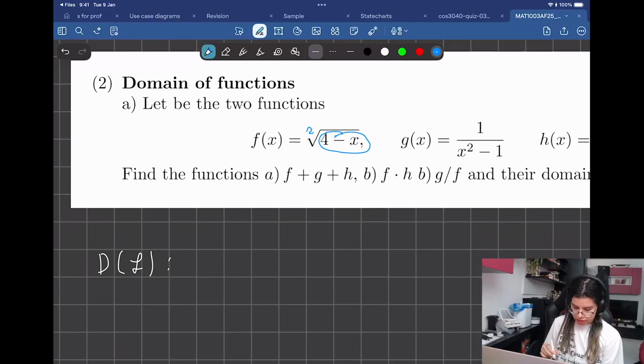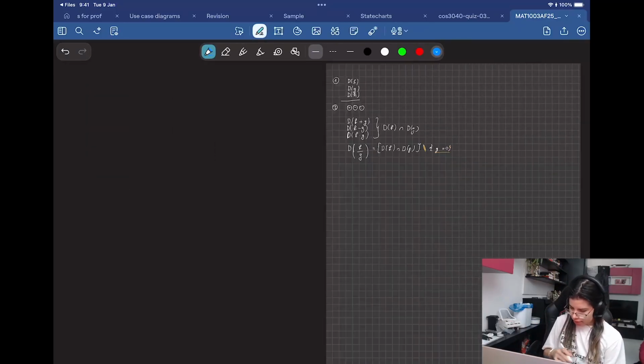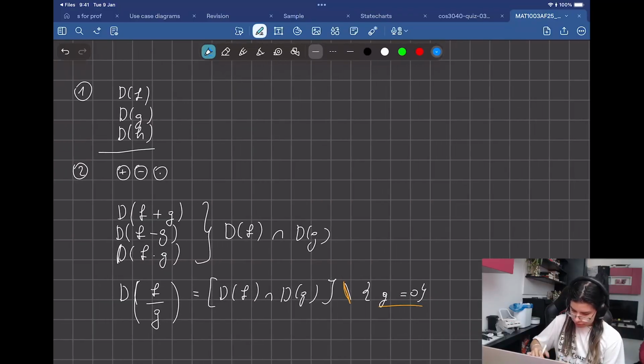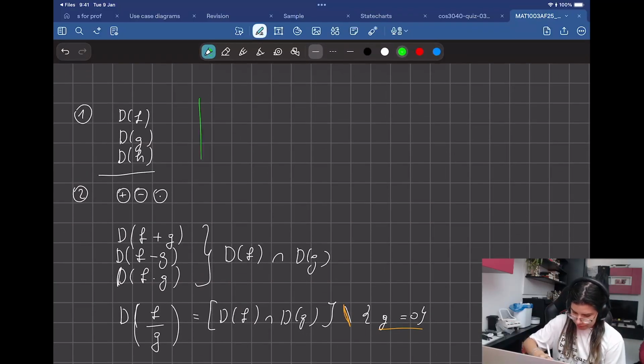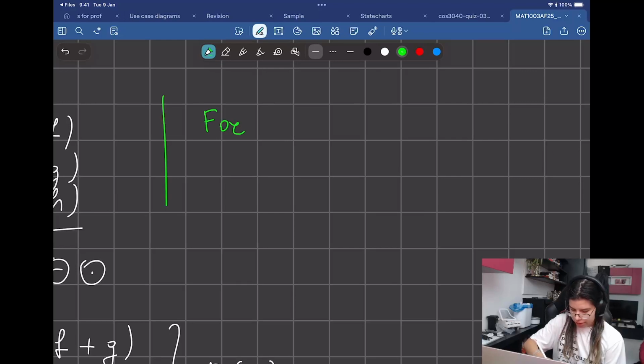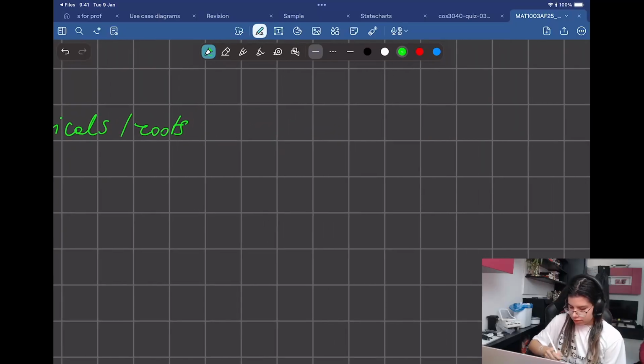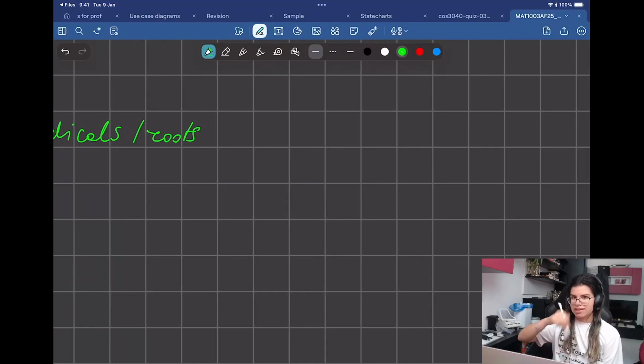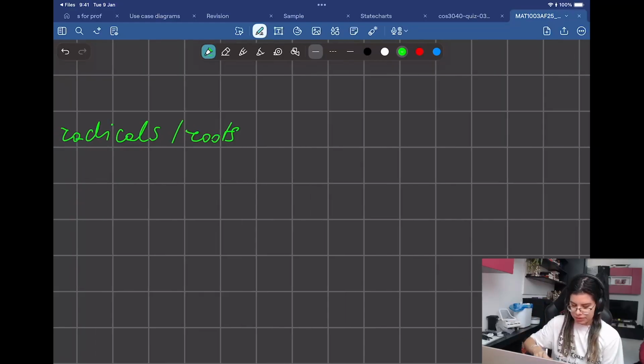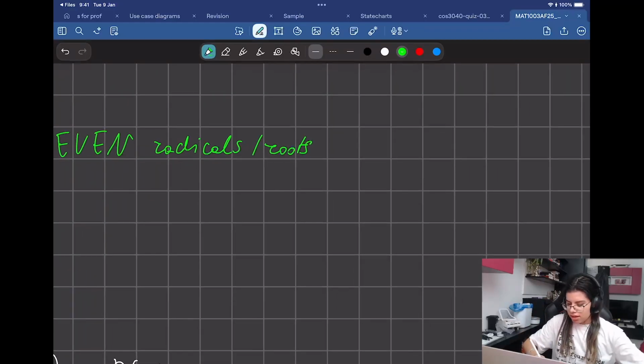Okay? So let me just write it down on that page. Somewhere here. For even radicals or roots, it's just the same. Radical is the sign itself, root is the function, but it's basically the same thing.